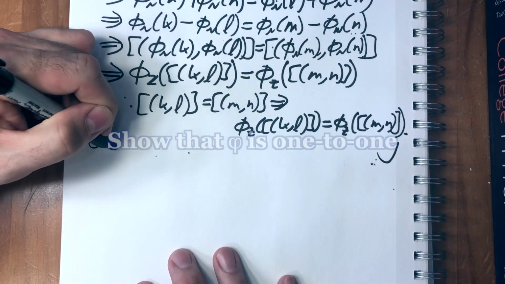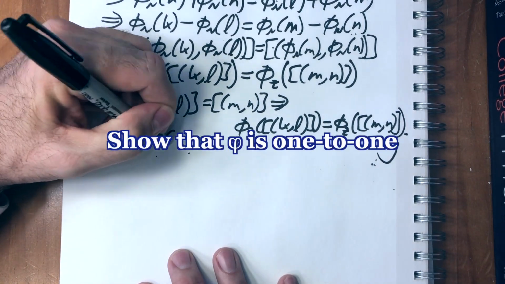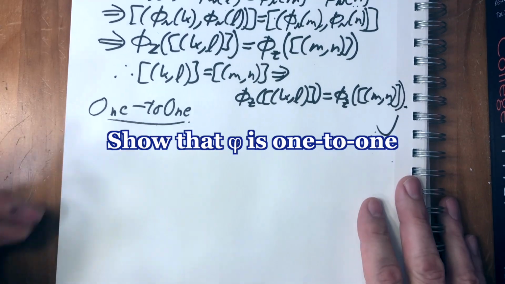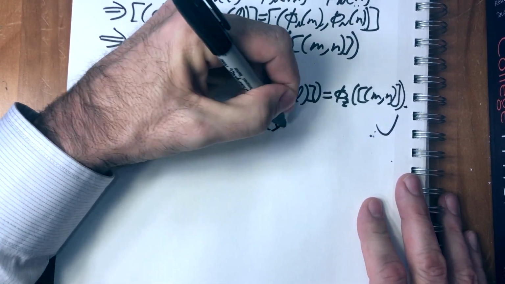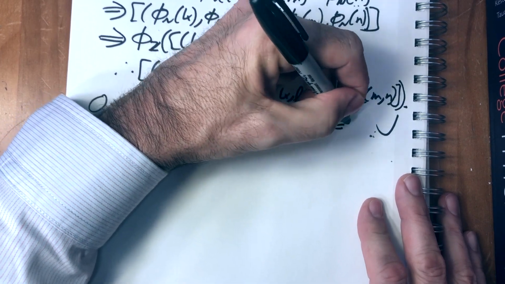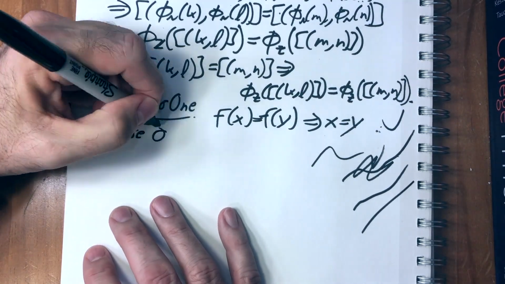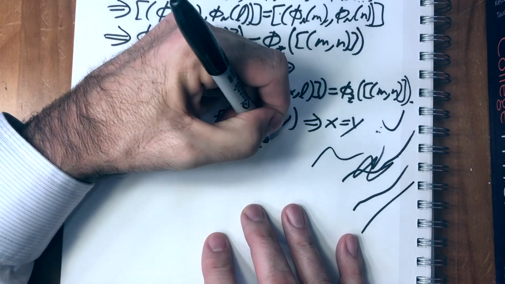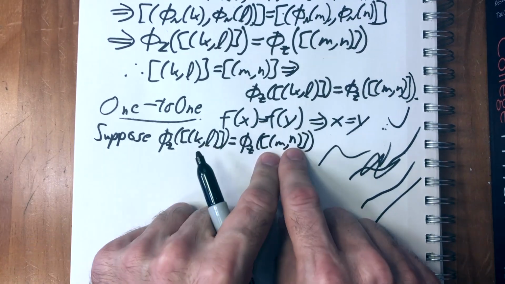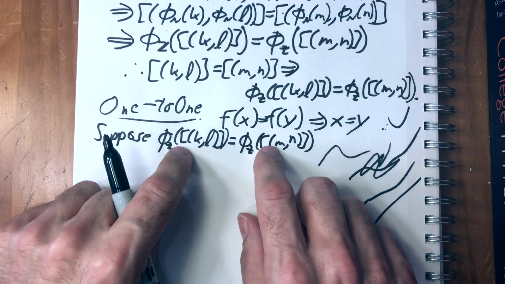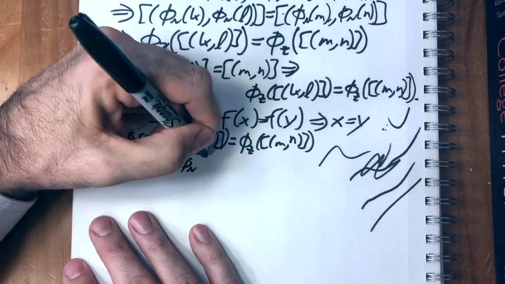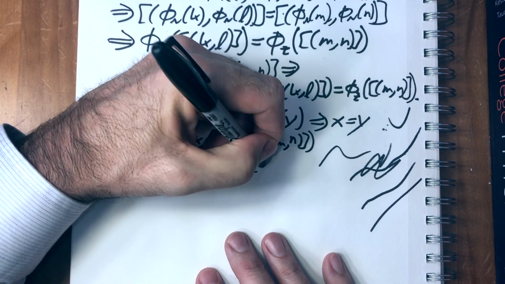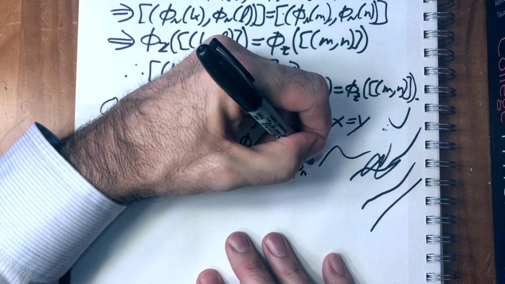Now we need 1 to 1. 1 to 1 means that if f of x equals f of y, that implies that x equals y. So suppose that phi z of kl equals phi z of mn. So we've got to show that kl equals mn. So the definition of this means that phi n of k minus phi n of l equals phi n of m minus phi n of n.